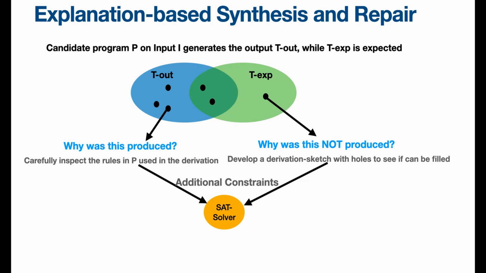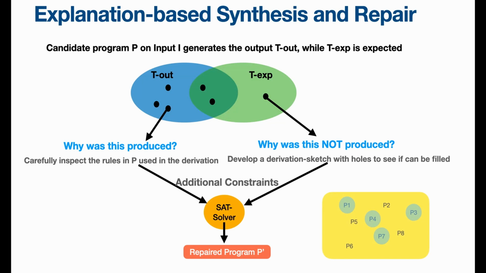So we reduce the problem of generating the right set of rules, of synthesizing the program, into a satisfiability problem, which would eventually give us the repaired program. Basically, the SAT solver would tell us, okay, these are the rules P1, P4, P7, and P3, which would ultimately adhere to the input-output examples.